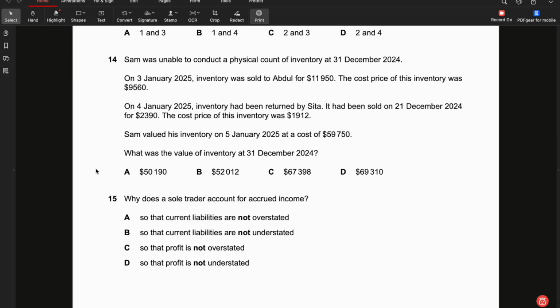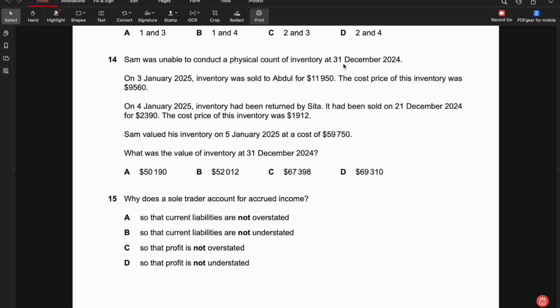Question 14. Sam was unable to conduct a physical count of inventory at 31st December 2024. On 3rd January 2025, inventory was sold to Abdul for 11,950. The cost of the inventory was 9,560.